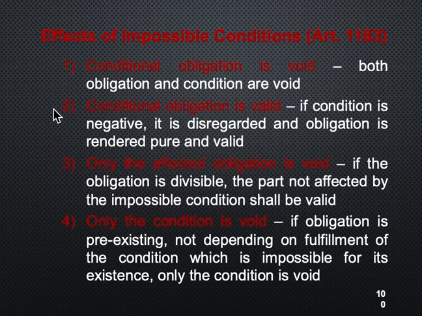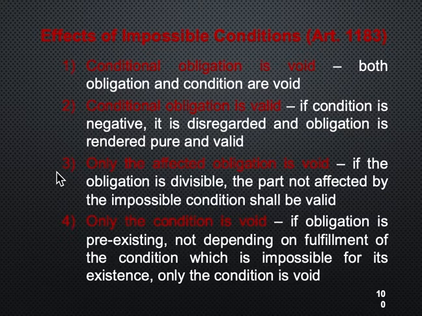The obligation can be valid if it is a negative condition, like for example, not to do, it is disregarded, rendering the obligation pure and valid. Okay. And number 3, the effects could be that only the affected obligation is void.